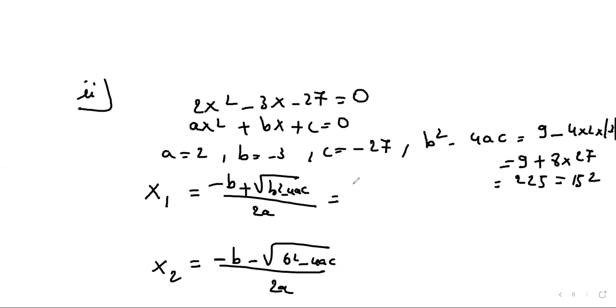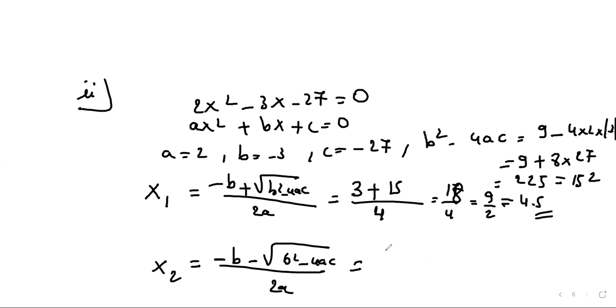So negative b is 3 plus the square root of 15 squared, which is 15, divided by 2 times 2, which is 4, right? So 18 divided by 4 is equal to 9 divided by 2, which is 4.5. And this is reassuring because we got the same solution as the first method.